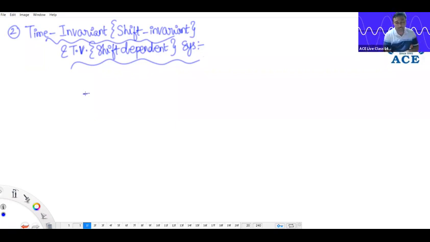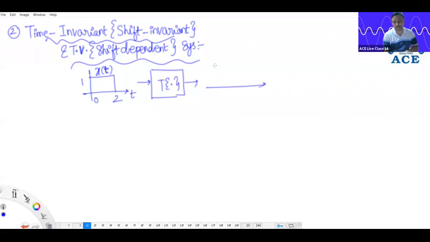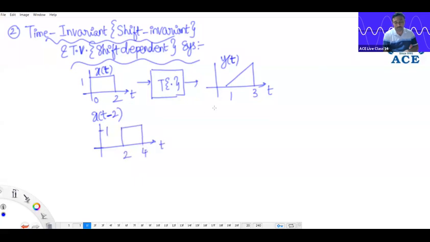How to understand that point is, assume we applied a rectangular input to a particular system. If you have retained the output graph like this, and you delay the input by 2 units, which means the rectangle covers from 2 to 4, the output must be delayed by 2 units.